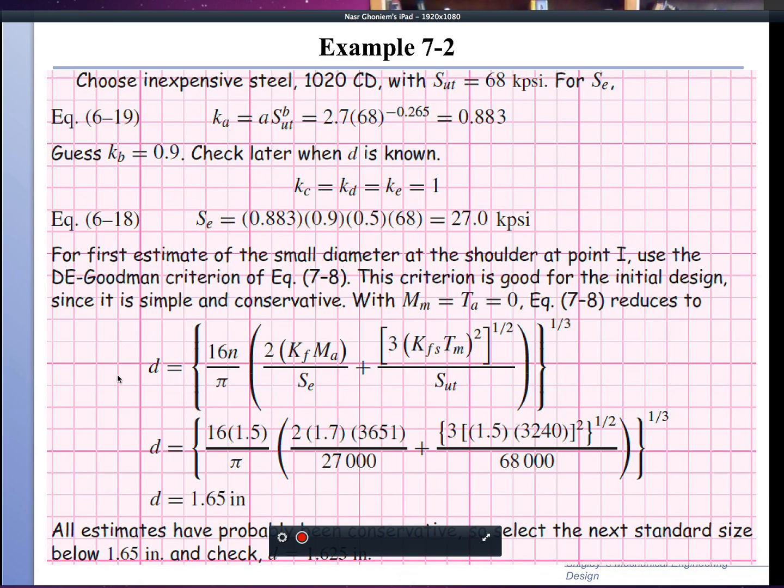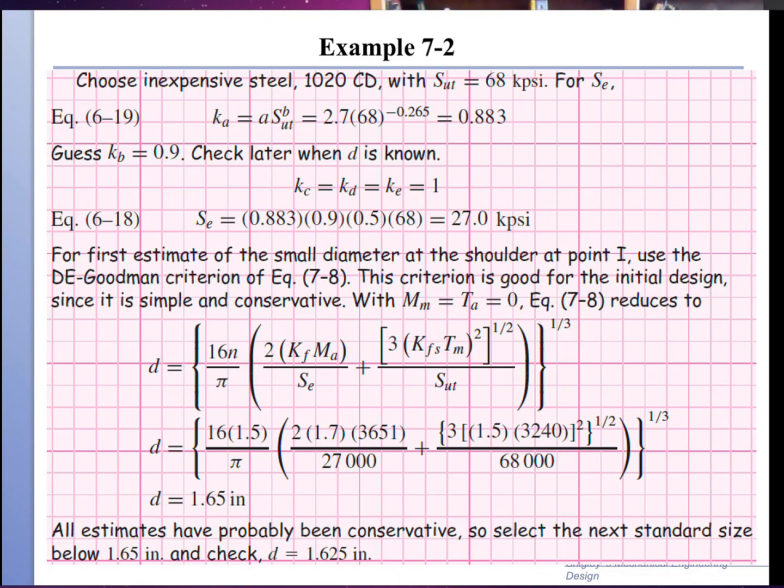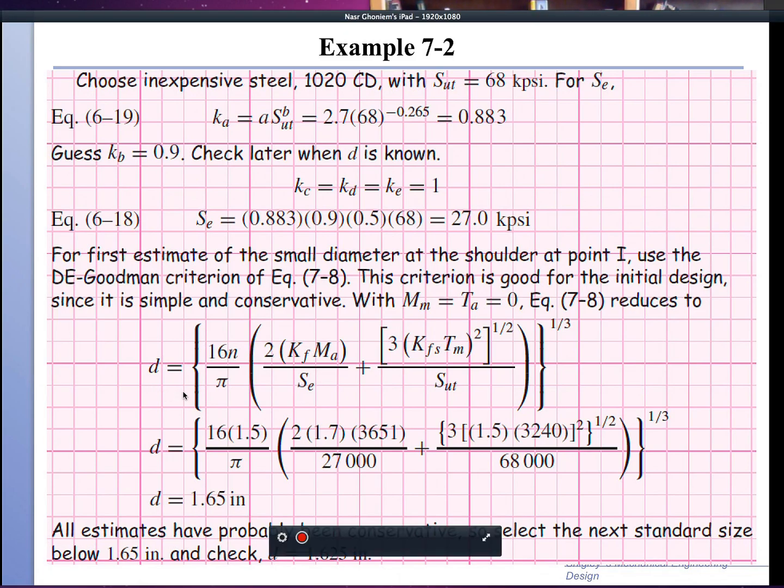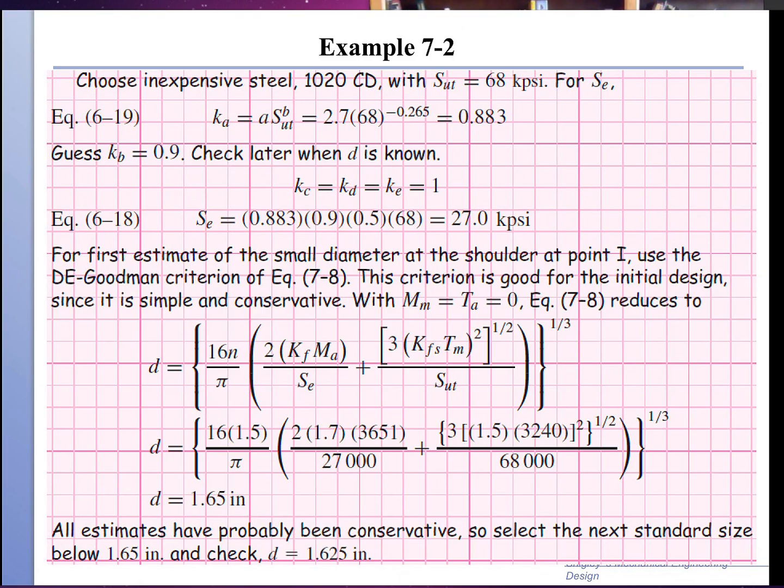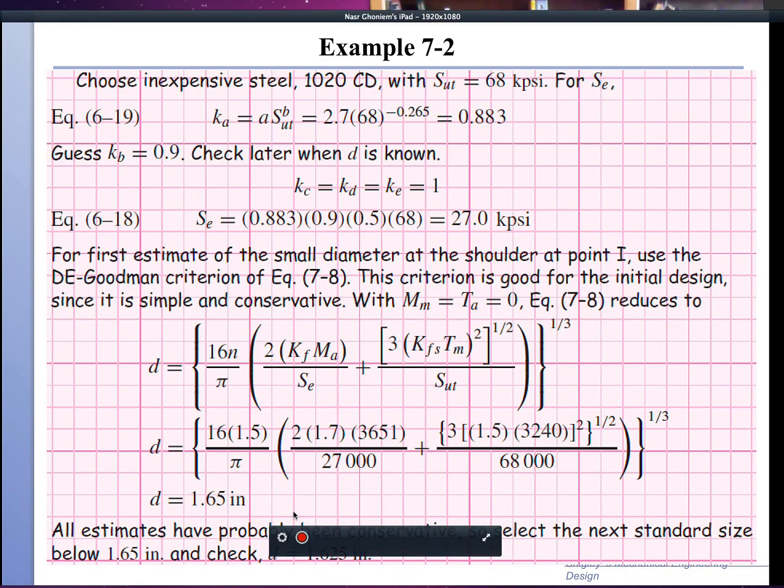So we have an equation for the diameter of the shaft at this point I, and if we're designing for a safety factor of 1.5, and combining both the alternating and the mean value in the sense of the distortion energy, we obtain a diameter of 1.65 inch.